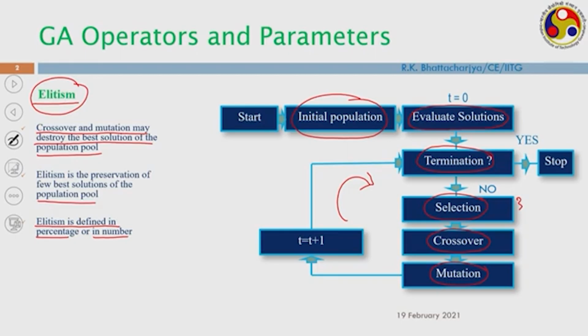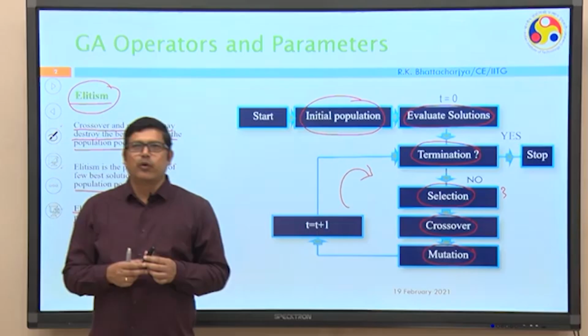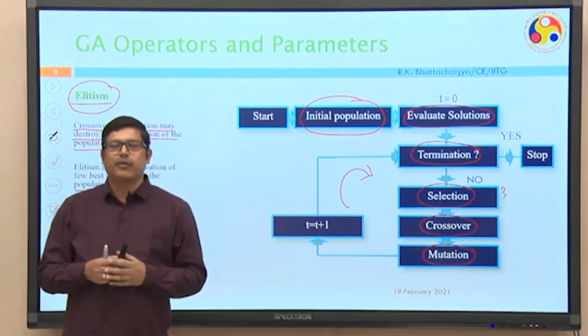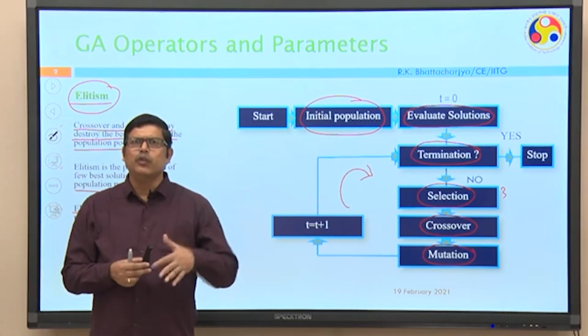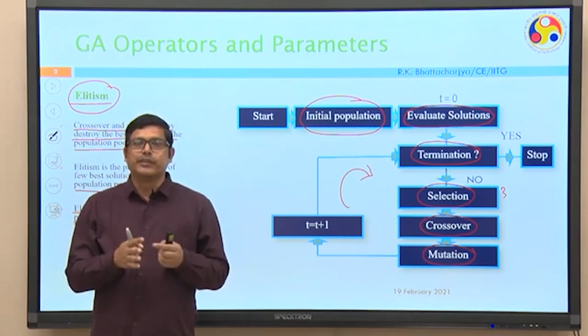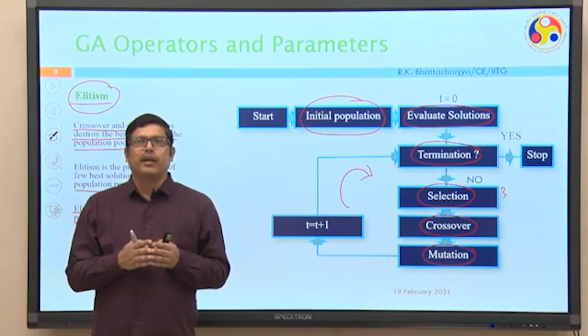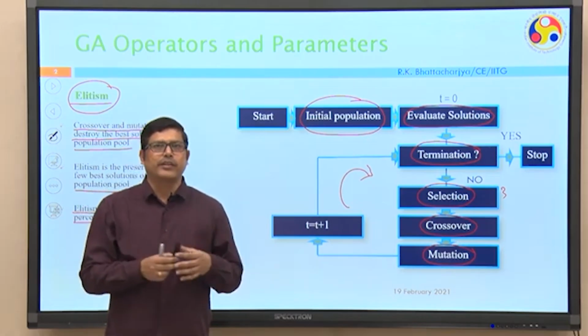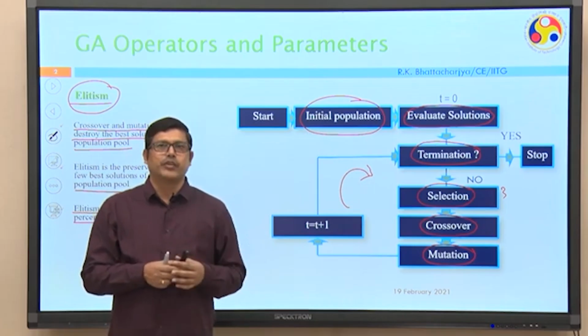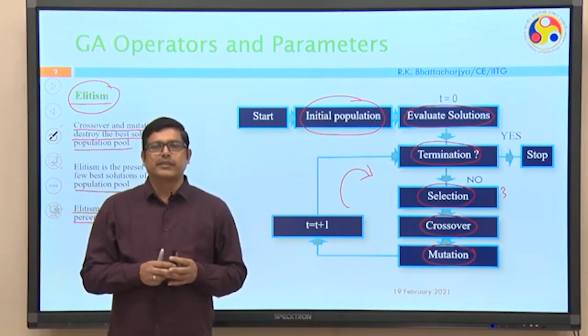may destroy that solution. So, apart from selection operator, then crossover operator and mutation operator, we should also use the elitism. So, just to preserve the better individuals, so that they are not destroyed by the crossover and mutation operator. So, I hope this is clear.